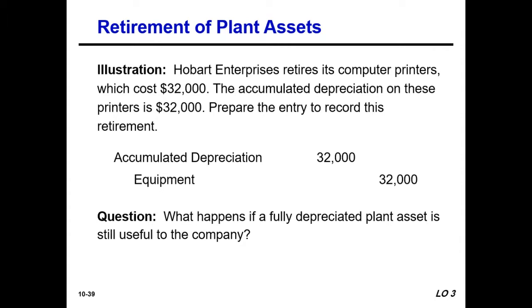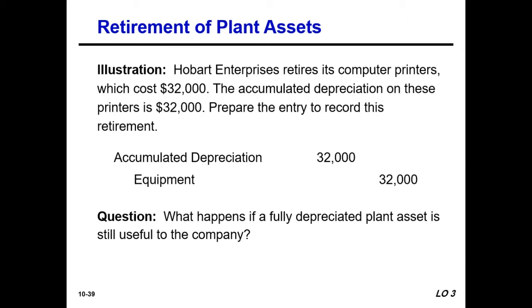This is a very important question for theory. What happens if an asset is fully depreciated, meaning you depreciate everything? Like after 10 years, depreciation is equal to cost minus salvage, everything is done. The book value is zero, but you can still use the car or the equipment.